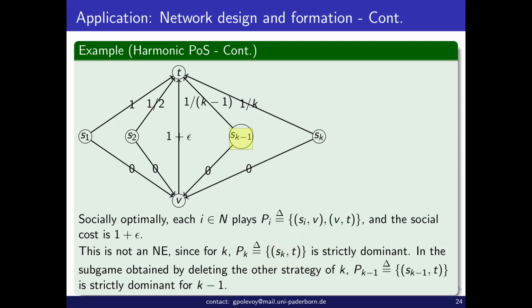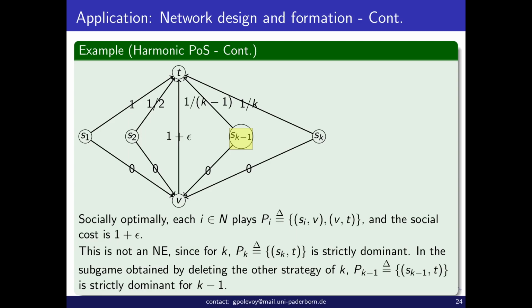And in the subgame, of course, going directly will be strictly dominant for that player. It was not strictly dominant in the beginning, because 1 over K minus 1 does not necessarily give a smaller cost than 1 plus epsilon divided by K. But it is always a smaller cost than 1 plus epsilon divided by K minus 1.